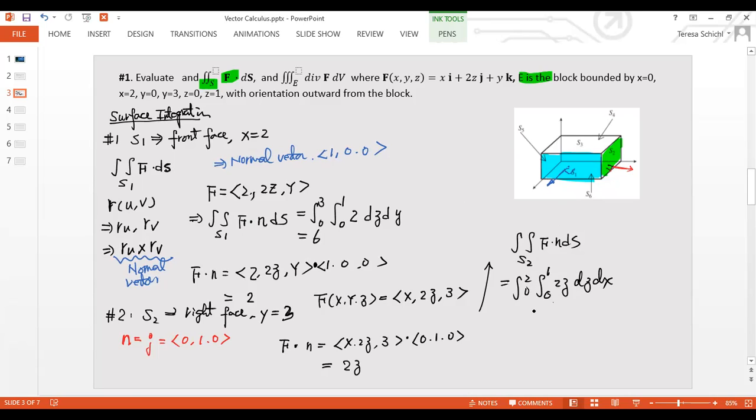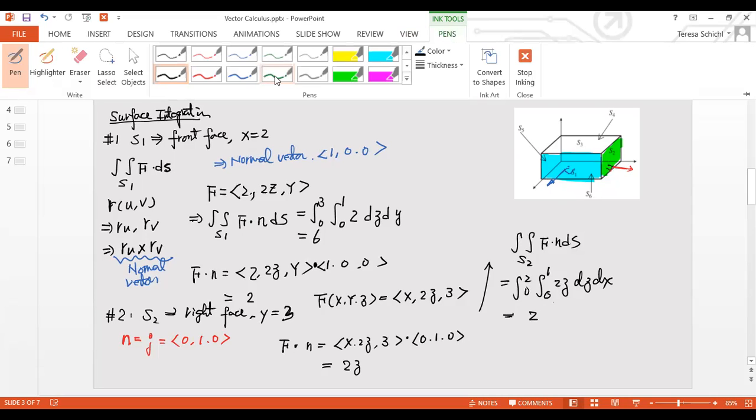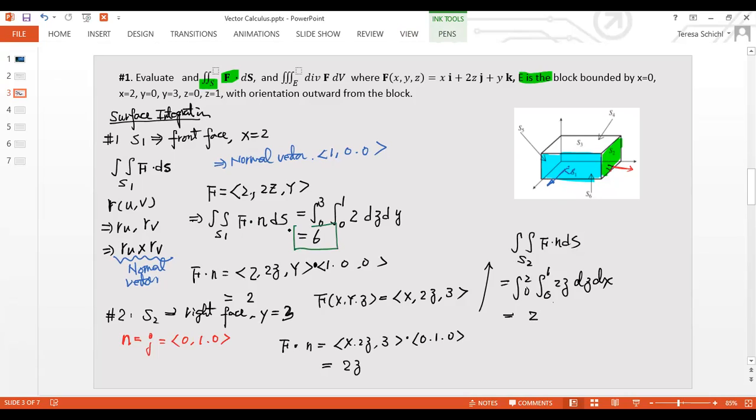okay, so you will get the total here. I think I integrated this, and it is 2, right? Okay, so as you can see, this is the surface integration for surface number 1, and this is the surface integration for surface number 2. So now you can repeat this and add it up.